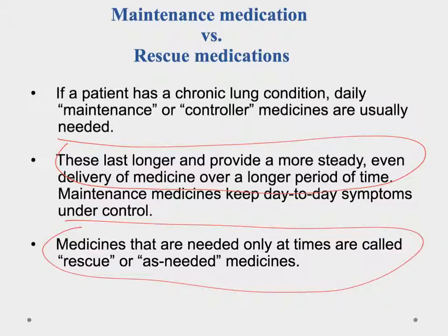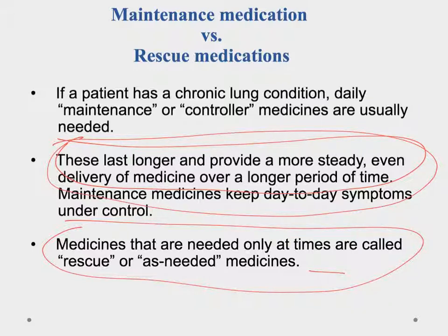A lot of times they are told that if you are using your rescue inhaler more than once a week, or once a day, it depends on the patient. If you're using your rescue inhaler a lot, the maintenance one is not working, so we need to reevaluate it. The idea behind the rescue inhaler is that it should not be used very often.